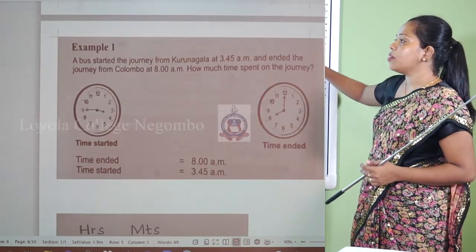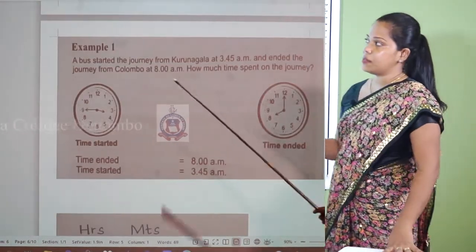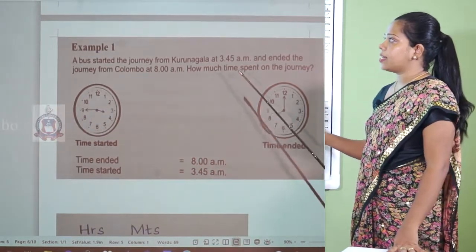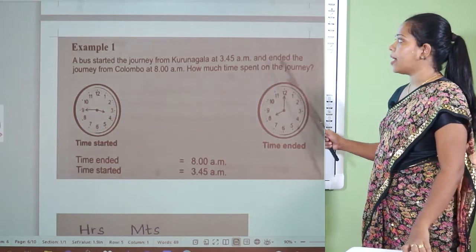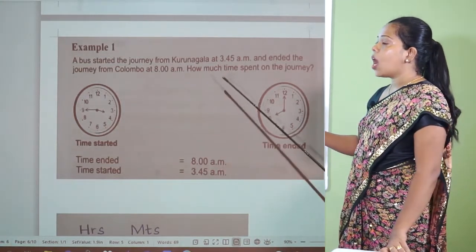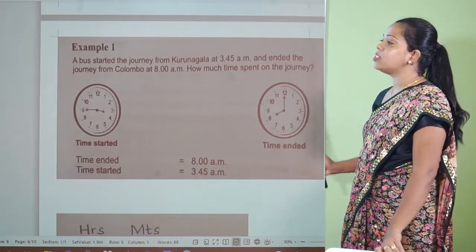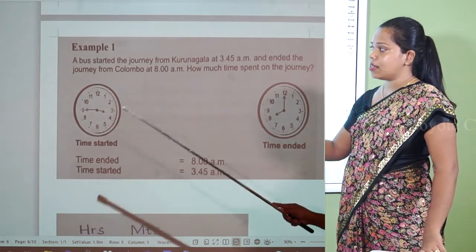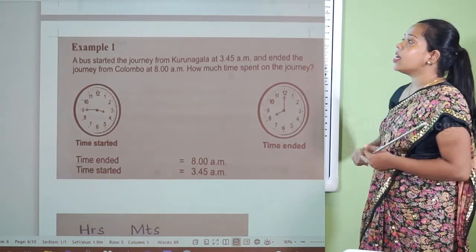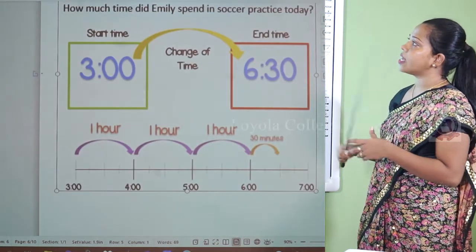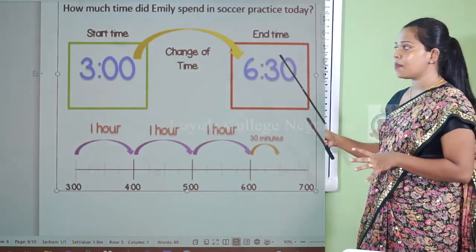I have given you another example. A bus started the journey from Kurunegala at 3:45 a.m. and ended the journey at Colombo at 8 a.m. How much time was spent on the journey? Here you must find the time started and the time ended. Can you all remember what we did to find the time spent on an activity?